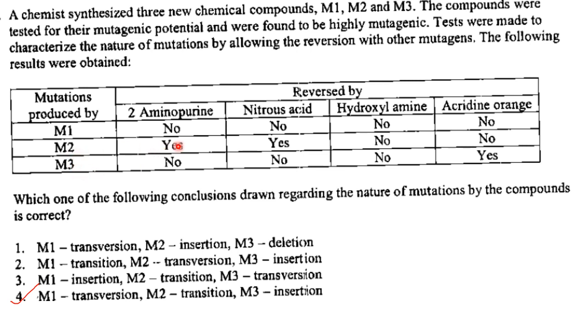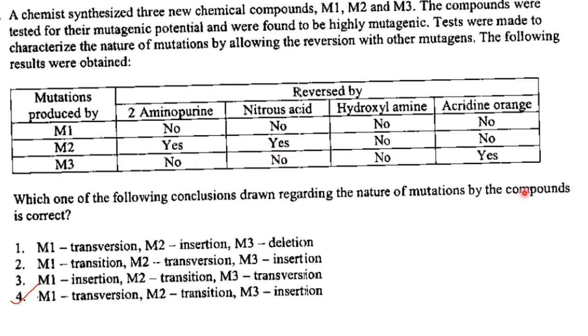M2 is reversed by 2-aminopurine and nitrous acid, so it has to be a transition mutation. Why? Because 2-aminopurine and nitrous acid cause transition mutation and they can also revert the transition mutation. So M2 is because of a transition mutation.